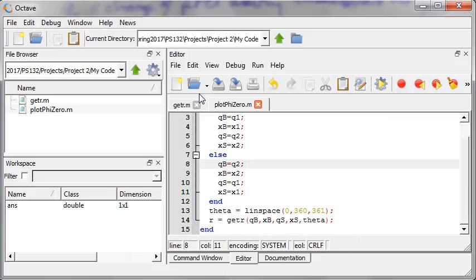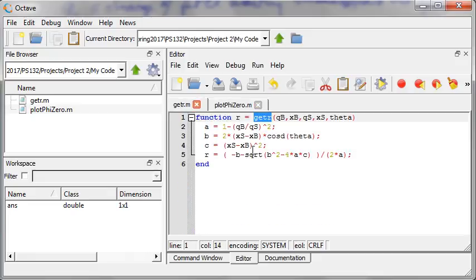I wanted to go over to the other function and think about the fact that theta is going to be an array when I actually go to use it. So this is just a number times an array. I don't think I'm going to have any problem doing that. A is just a number.